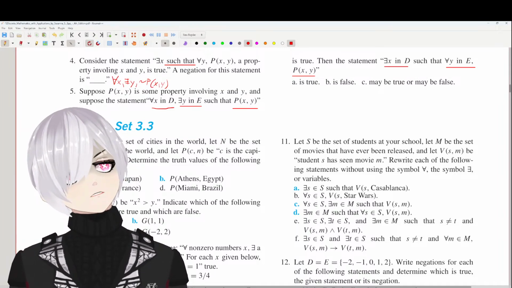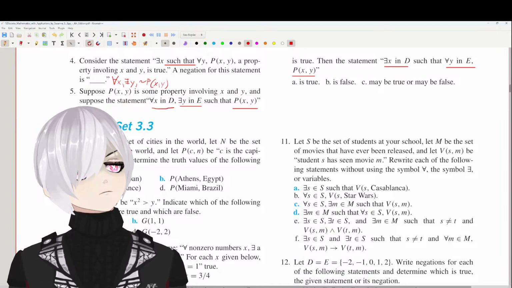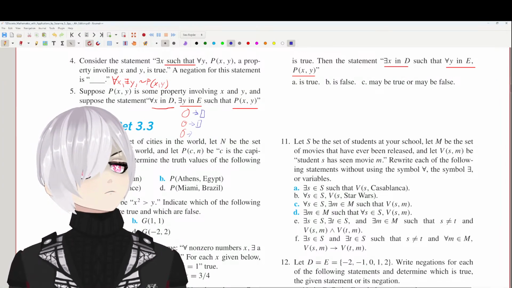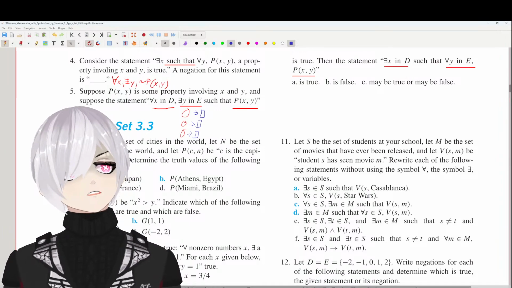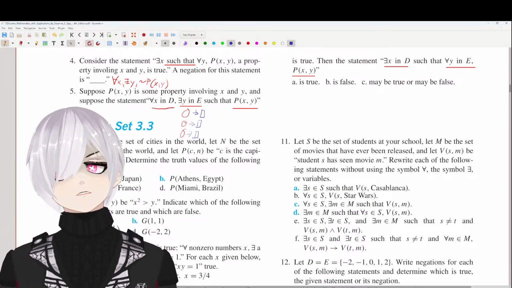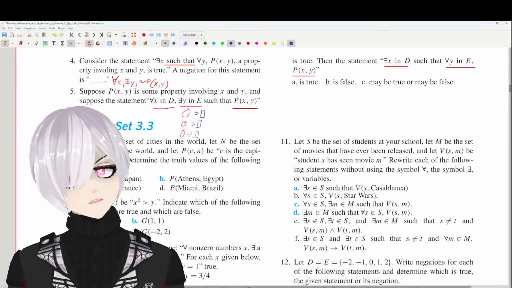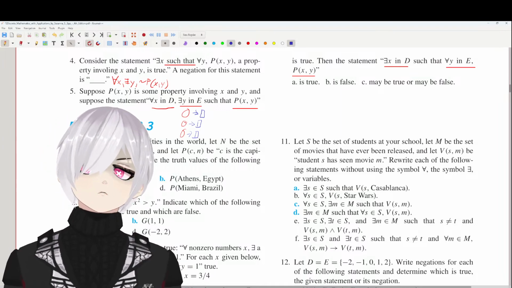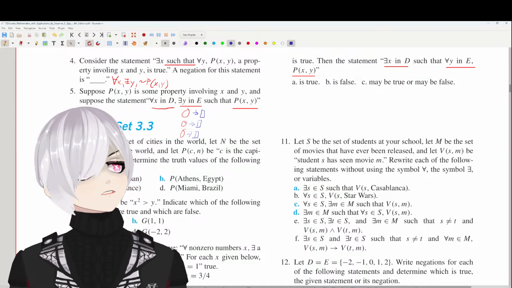In the first one, for all x in D means for every object in the set D, there exists a y in E that's paired with it through P(x, y). So every x in D is paired with at least one thing in E, whereas the other statement is saying that at least one x in D is paired with everything in E.